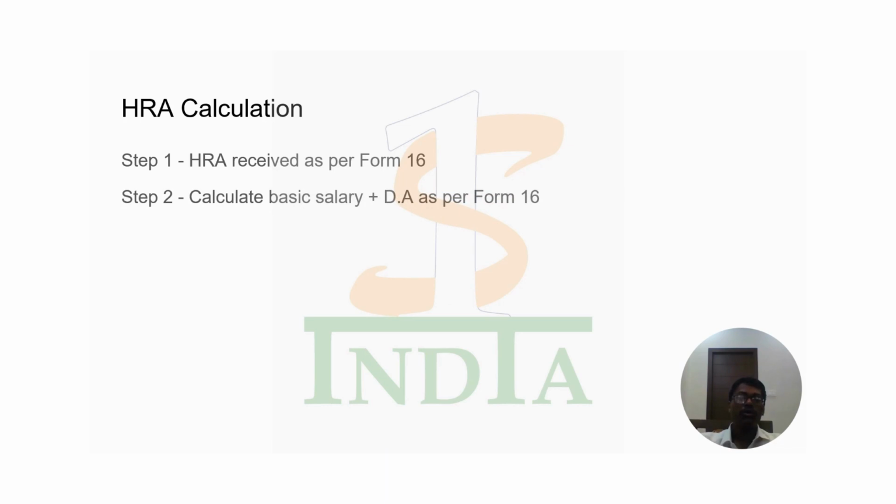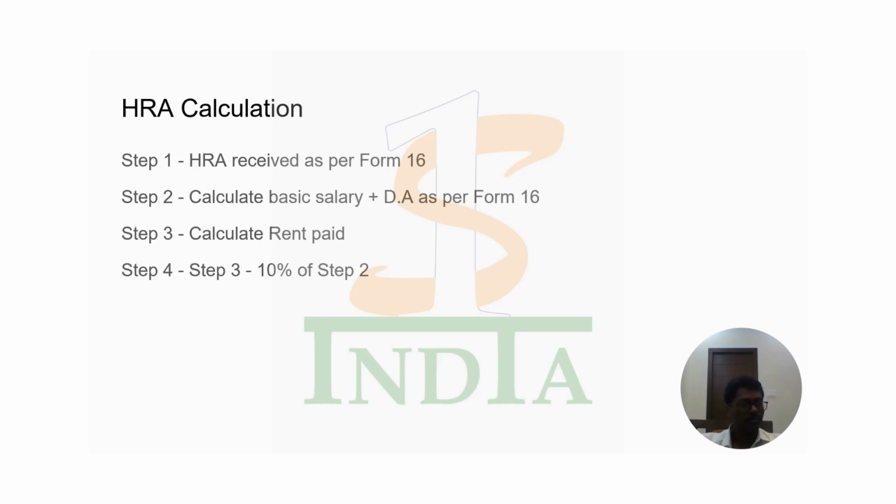Next, you need to calculate the basic salary and DA for the entire year, which is given in your Form 16, else you can find these components in your payslips. Step number 3 is to calculate the actual rent paid by you. And step number 4 is step number 3 minus 10% of step number 2, that is the actual rent paid minus 10% of your basic salary and DA.